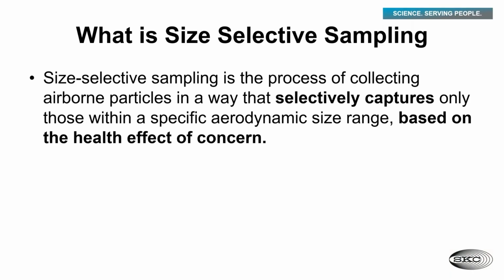And so if we were sampling for something that would have a health effect no matter where it was deposited in our body, whether in our nose, in our mouth, in our throat, we wouldn't necessarily need to use a size-selective sampler. But because we are trying to capture those very small particles that travel deep down inside of our lungs, we have to use a specific device to capture those smaller particles.